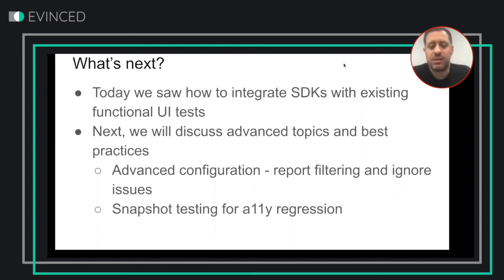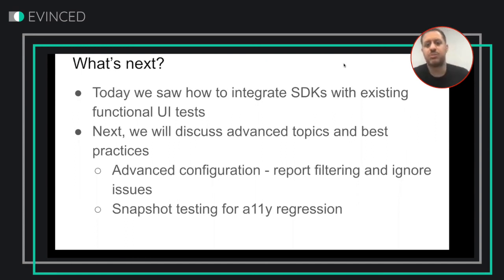For example, the Evinced accessibility engines can be configured in all kinds of ways. For example, you can ignore certain issues or pages or parts of the pages that you don't want to test, or filter your report to meet the criteria that you are trying to achieve.